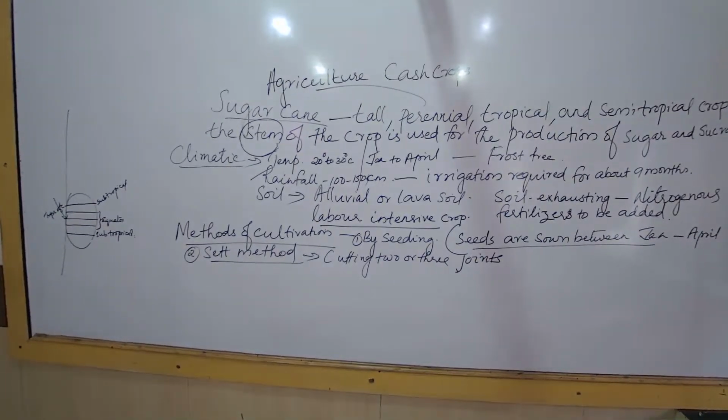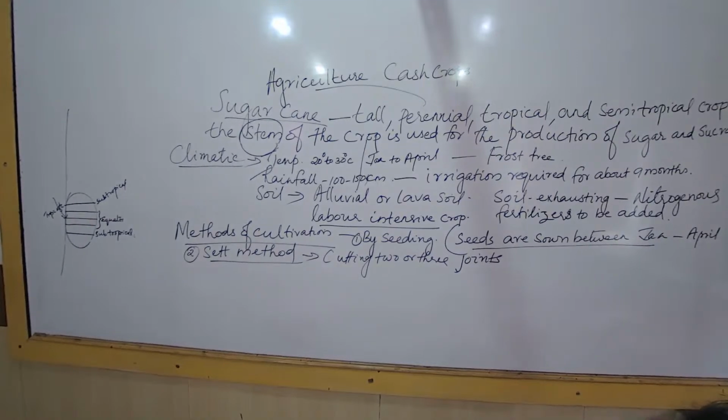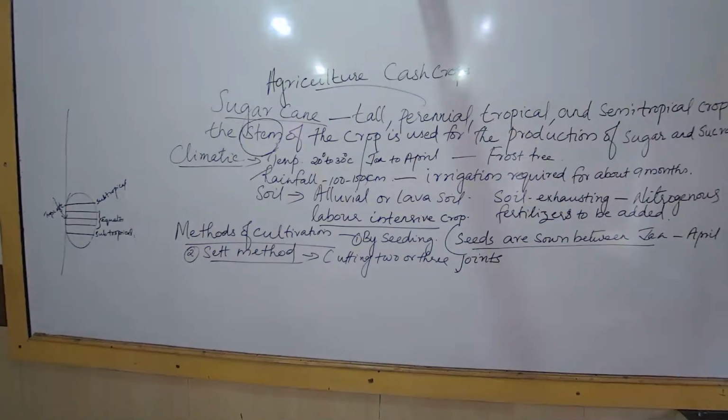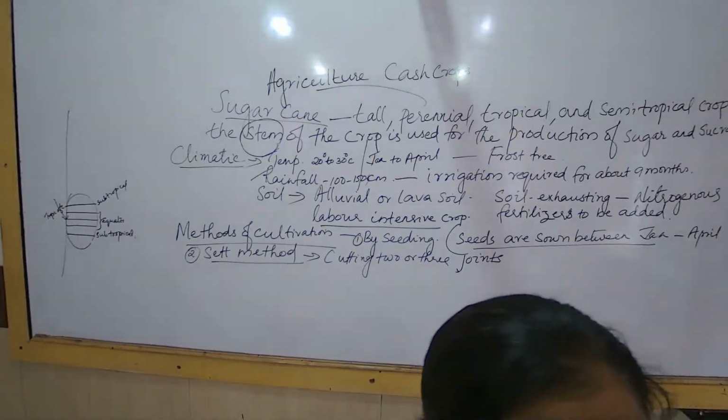Then what is done? Healthy cane is planted horizontally, equidistant, that is 1.5 meters to 2 meters apart, and piled with fertilized soil.